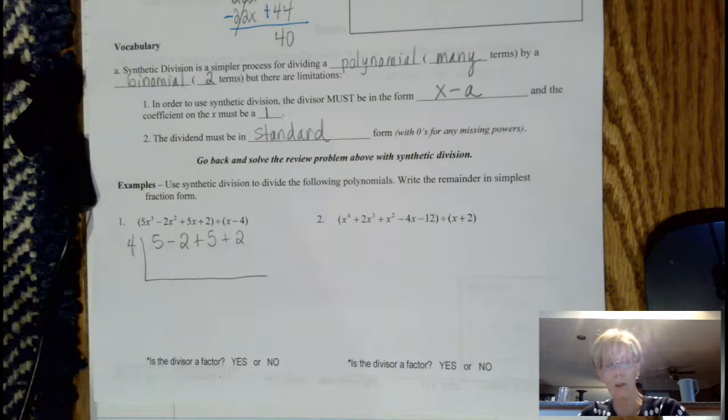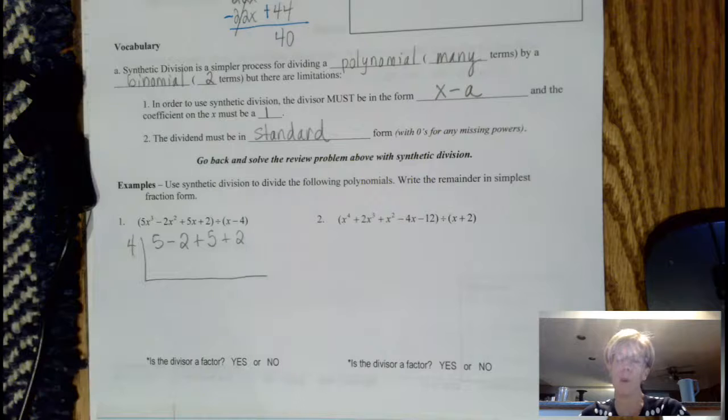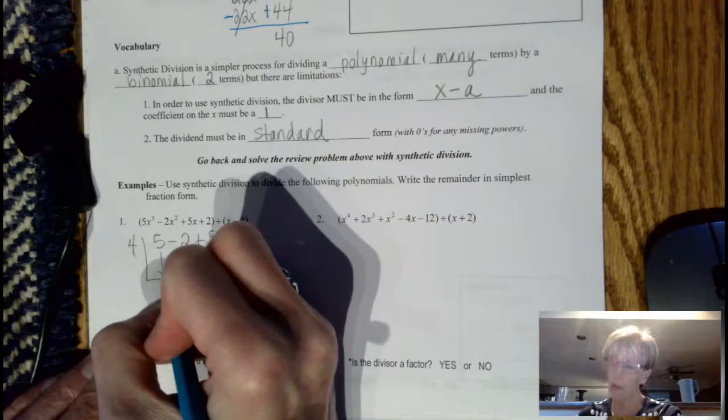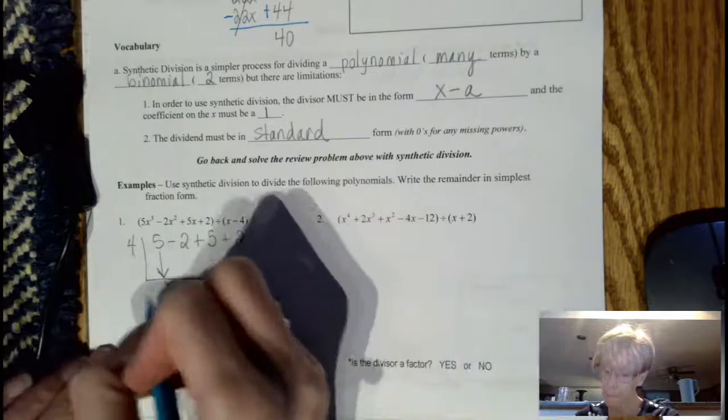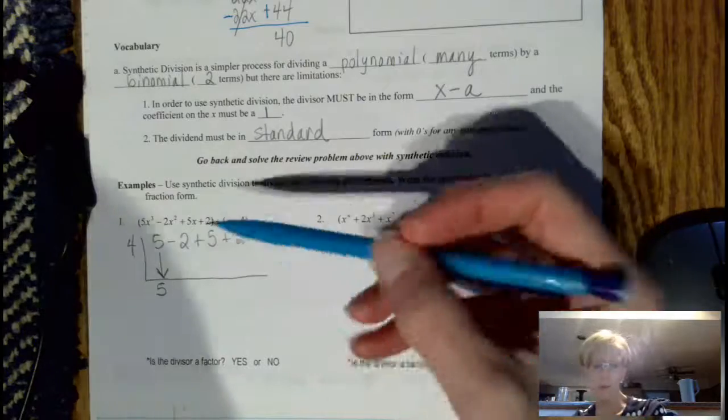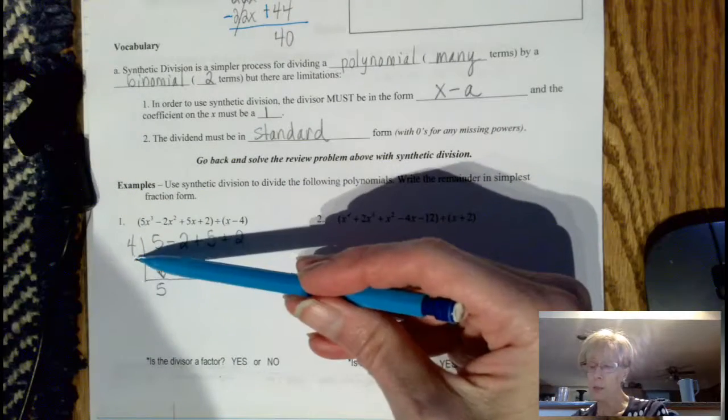And positive 5 plus positive 72 is positive 77. And then 4 times 77 is 308. It was positive 4 times positive 77, so it's positive 308. And when we add these two together, we get the remainder.